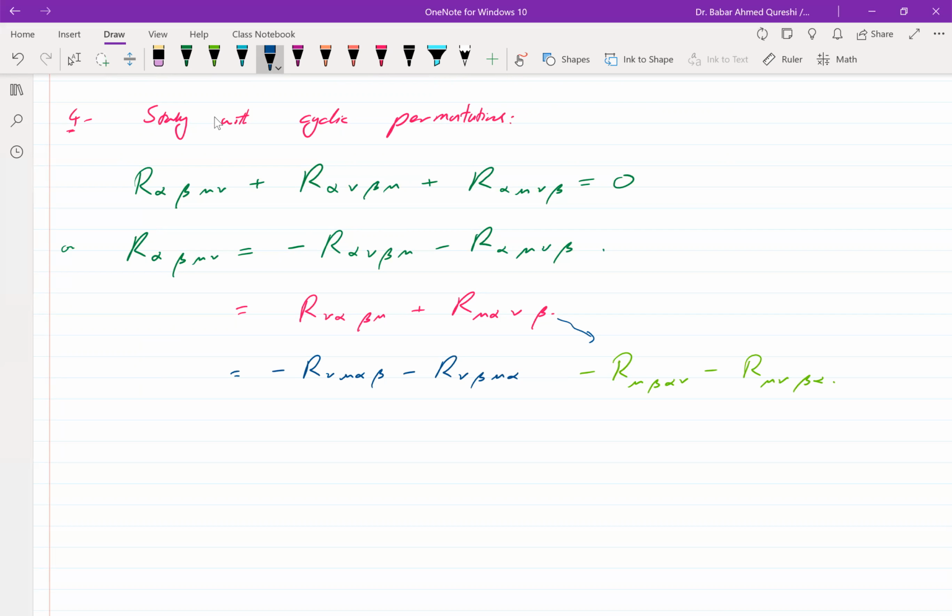Now if I change the first two indices over here, I will have R mu nu alpha beta, and if I change the order of the second indices over here, they become the same thing. So I absorb the negative sign by flip of the indices over here and over here.